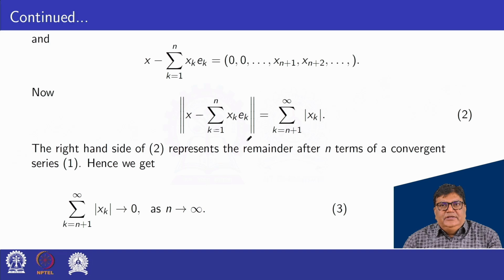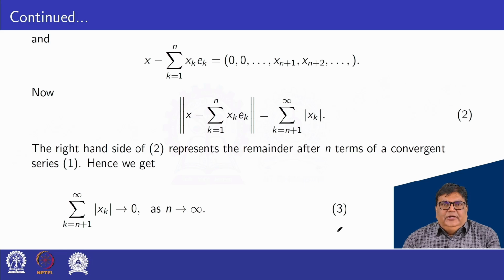This is equation 2. The right hand side of equation 2 represents the remainder after n terms of convergent series 1. Hence, it tends to 0 as n tends to infinity. That is, the summation of mod xk from n plus 1 to infinity converges to 0 as n tends to infinity.